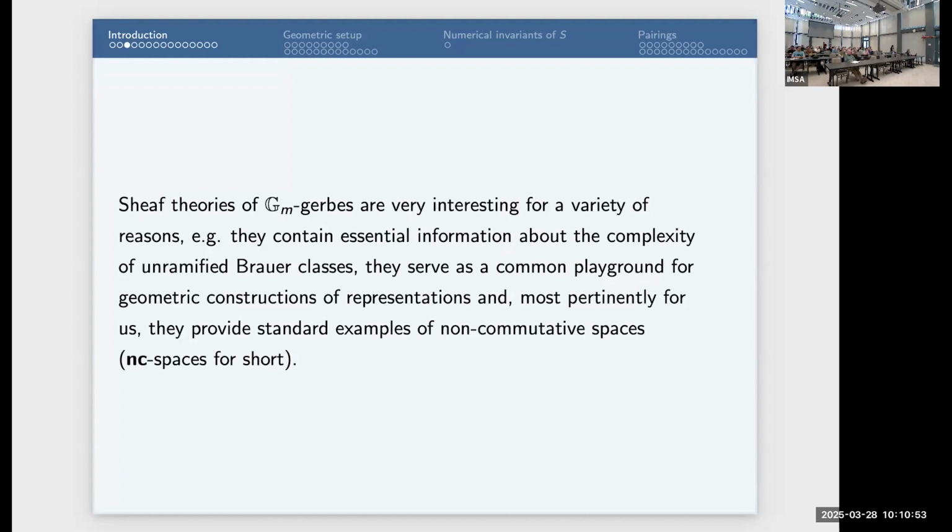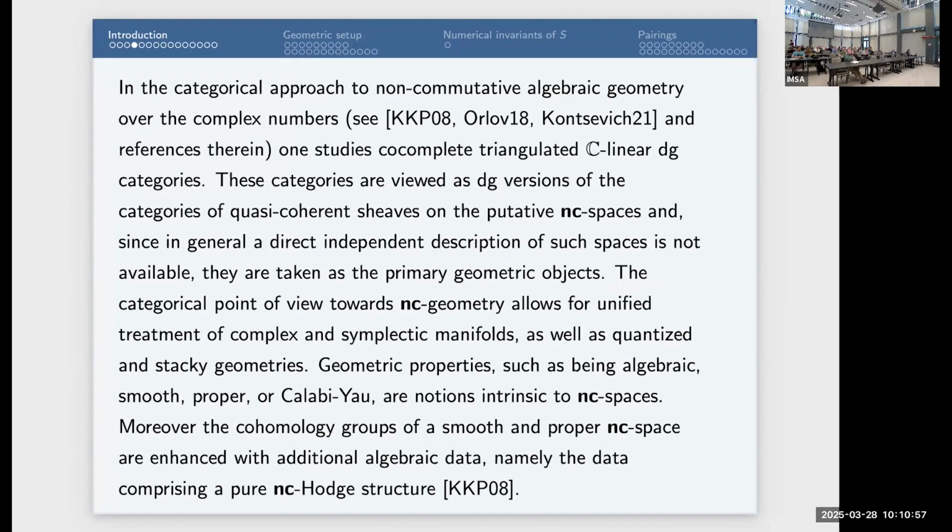Most pertinently for us, they provide standard examples of non-commutative spaces. So in this categorical approach to non-commutative algebraic geometry, one studies co-complete triangulated categories.